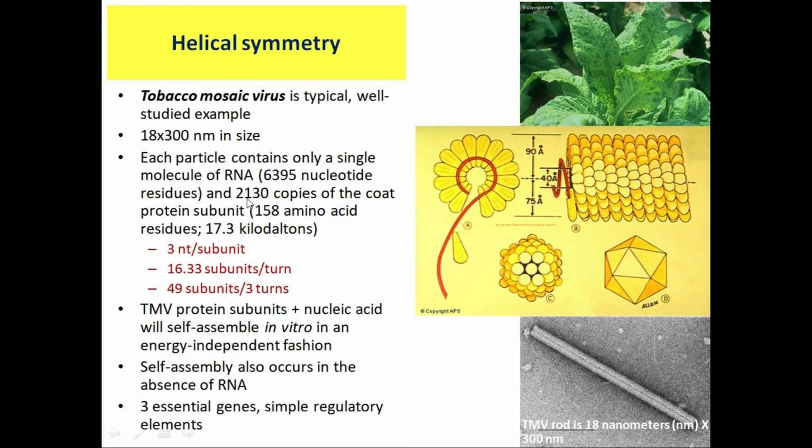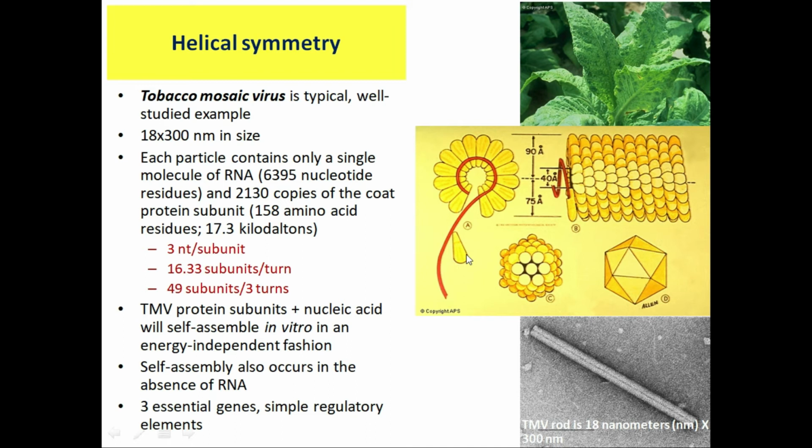And there are 2,130 copies of the coat protein subunits, and each capsomere or capsid protein subunit has 158 amino acids.